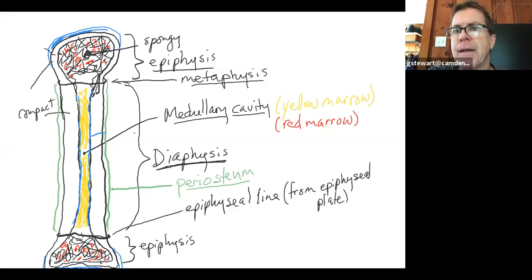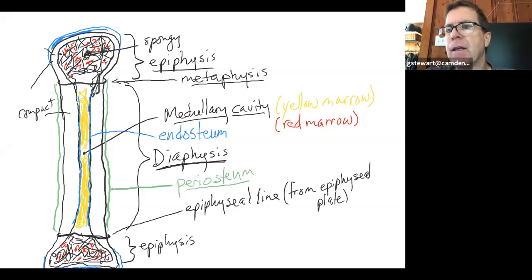That's called endosteum. Endo means within, osteum means bone. So endosteum is a thin, delicate connective tissue, unlike periosteum, that lines the inside of the medullary cavity.